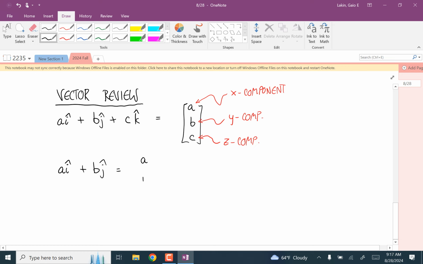But anytime you have third components floating around for your matrix calculations, think of this as equivalent to A, B, 0. So just remember that these are always the same thing. If you have two vector components, you can always treat the third one as equal to 0 if it's necessary in your calculation.